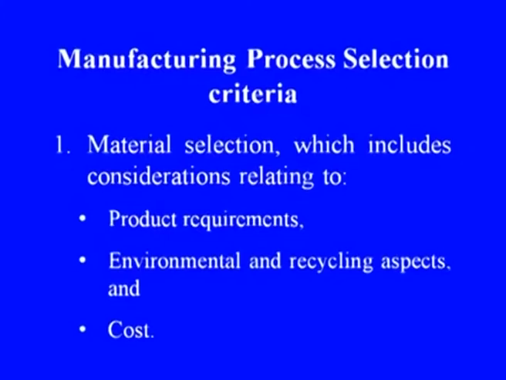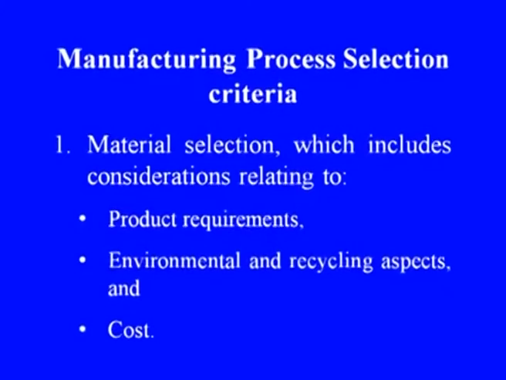Next, we come to manufacturing process selection. There are different criteria for selection of manufacturing process. The following points need to be considered before the actual product manufacturing. Number 1, material selection.